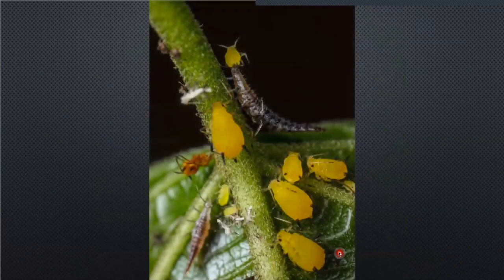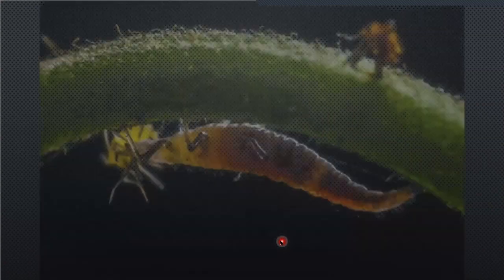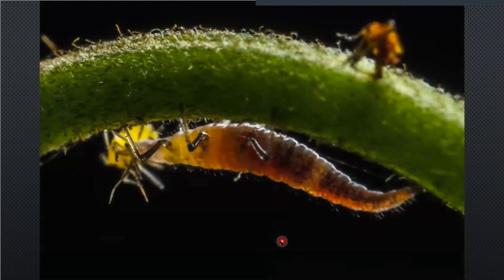The ladybug larvae are attacking and feeding on these aphids. The aphids suck sap out of plants, and they are quite harmful for the plant. So these ladybug larvae kill those aphids and then feed on them. So this is extreme close-up.